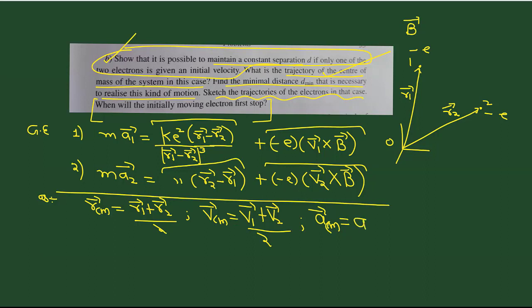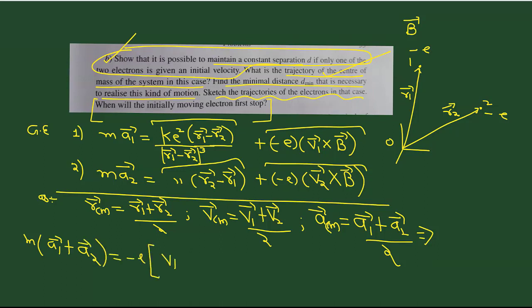So I know that ACM was equal to A1 vector plus A2 vector divided by 2. And here this term will be simple because if you add these two equations, this term will cancel. So basically in this equation, m into A1 plus A2 comes out as minus E times V1 plus V2 crossed with the magnetic field B. That's what I'm getting, and divide by 2 here, divide by 2 here.